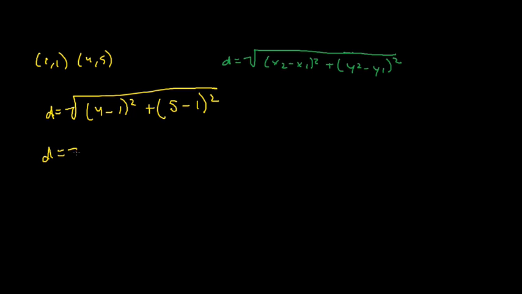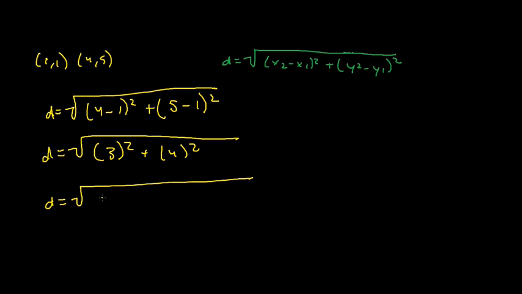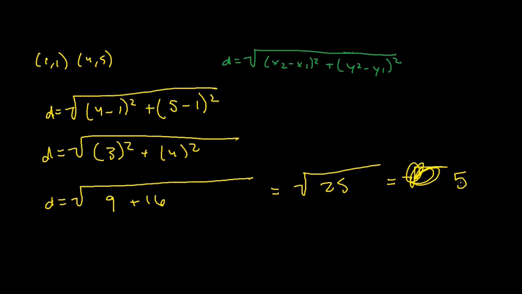So we'll simplify that. 4 minus 1, that's 3 squared, plus 5 minus 1, that's 4 squared. 3 squared is 9, 4 squared is 16. 9 plus 16 is 25. So this is equal to the square root of 25, which is just equal to 5. Oh, I'm sorry. Got too carried away with the square root signs. So it's equal to just 5. And that's it, really. It's that simple.